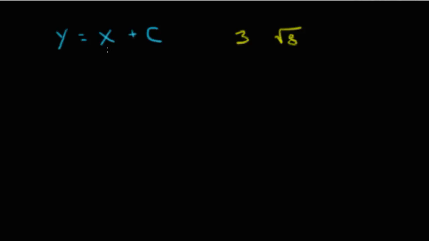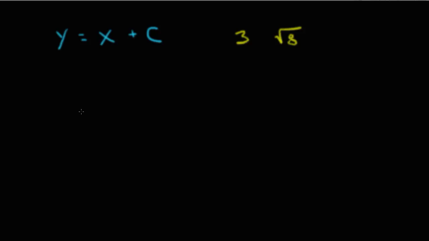So in this case, we would call x the independent variable because it can vary based on whatever input that we have. And y would be the dependent variable because the value of y depends on what x is.